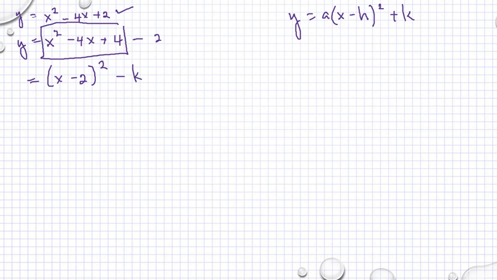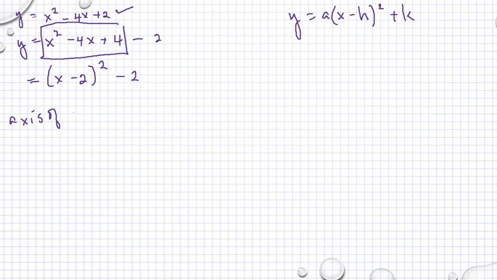Then I already know my vertex or my axis of symmetry. My axis of symmetry is 2. Oh, sorry, not k. My mind doesn't work that much today. It's Friday, you know.